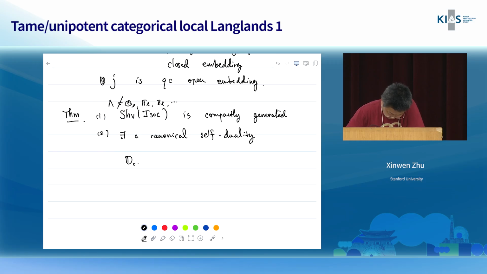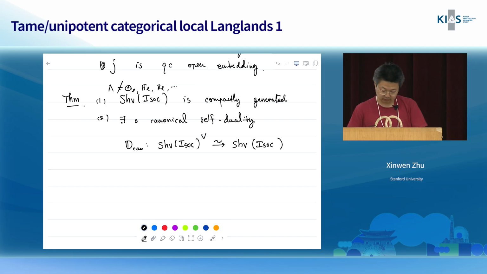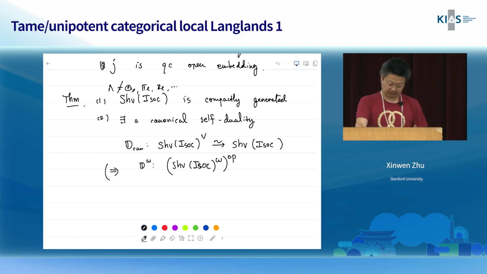Which I denote by canonical, from the dual category to the category itself. Of course, such a duality will automatically imply a duality of compact objects, which is something people are more familiar with, and I think Arnold explained last week.